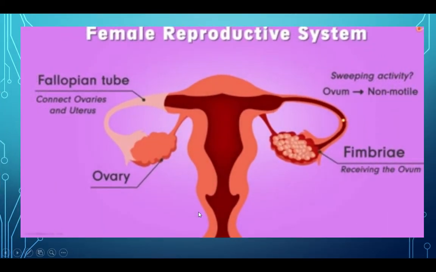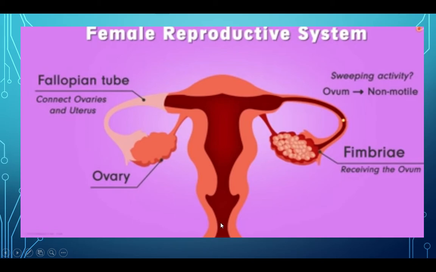So these are the important parts in the female reproductive system. See here, the ovary, and this area, finger-like projections are there, no? That is the fimbriae, and this is the fallopian tube, and then this area is the uterus, and then this is the cervix, and then the lowermost part is the vagina.